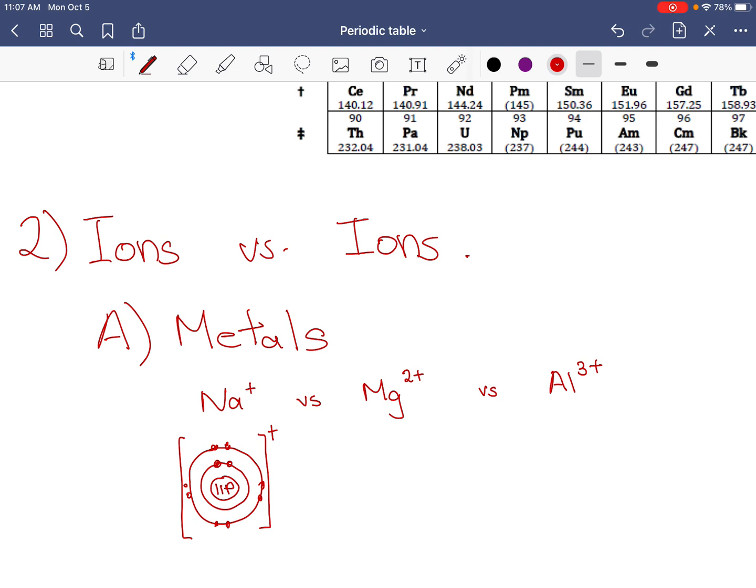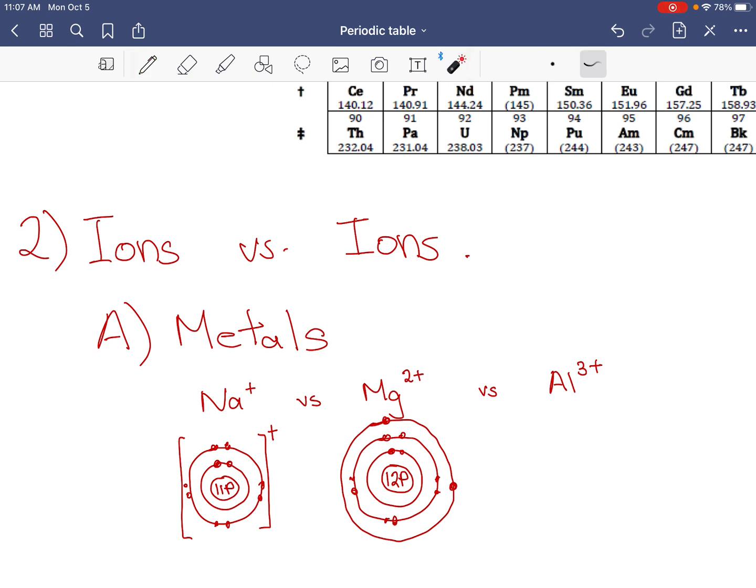Okay, let's do magnesium. Magnesium has 12 protons, 2 electrons on the first shell, 8 electrons on the second shell, and 2 electrons on the third shell to make up 12 electrons. How are you going to make magnesium happy? Because right now it's pretty angry.